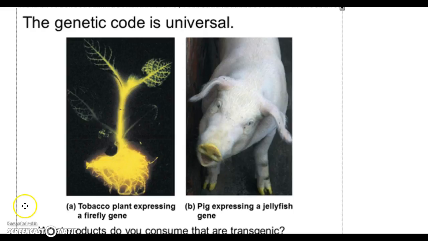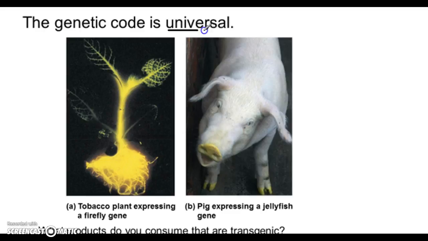The genetic code is also universal, which we've seen in our transformation lab. We took this jellyfish gene and inserted it into a bacteria. Since DNA is DNA and we operate off of a similar universal genetic code, our bacteria could read that jellyfish gene, follow the directions, and produce that glow-in-the-dark protein that we saw.